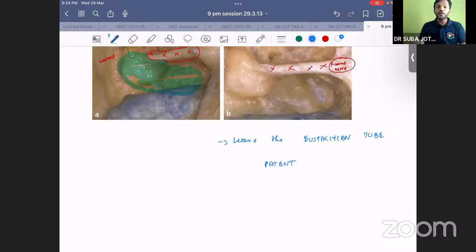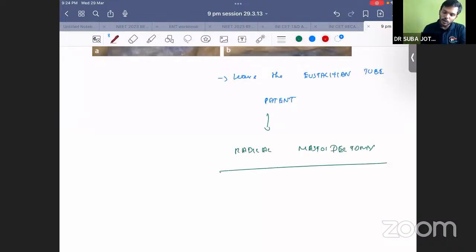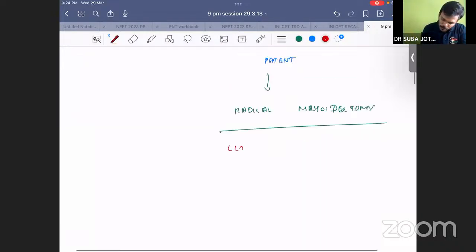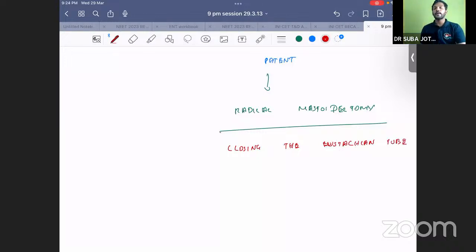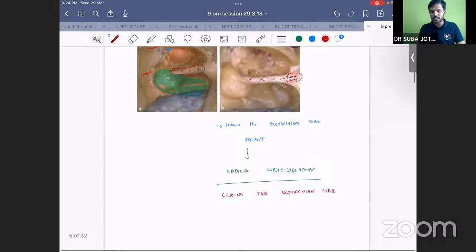Whereas if you do a radical mastoidectomy, you are closing the eustachian tube. Okay, so we have learned about the important cortical mastoidectomy and modified radical mastoidectomy. All are very, very high yield topics. You should be very clear with these topics.